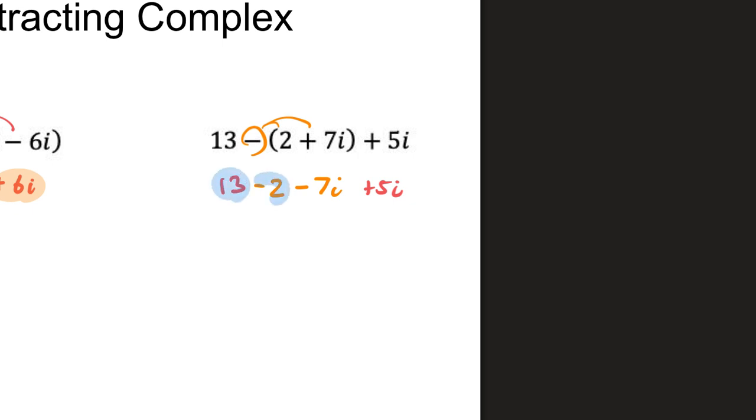The 13 and the minus 2 go together, and the negative 7i and the 5i go together. That's nice that they're next to each other. That was an added bonus. 13 minus 2 is 11. And negative 7i plus 5i is negative 2i. Negative 2i. It's my final answer.